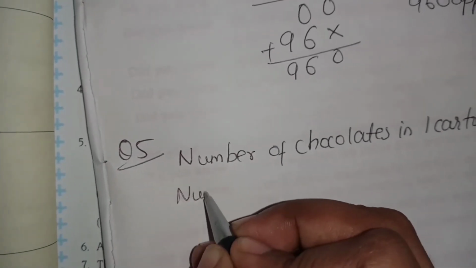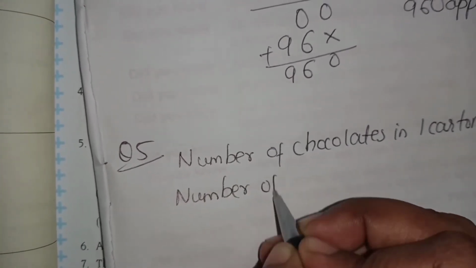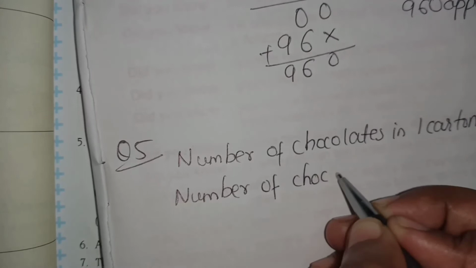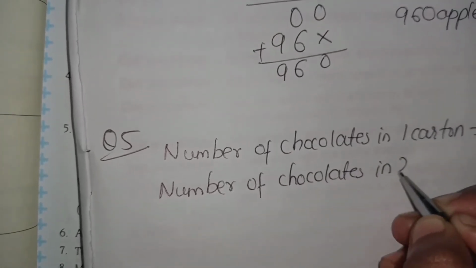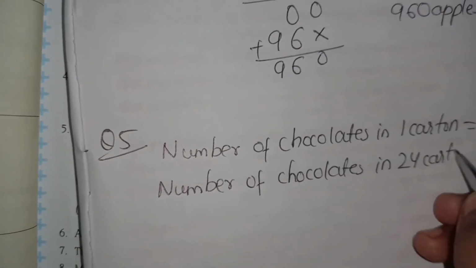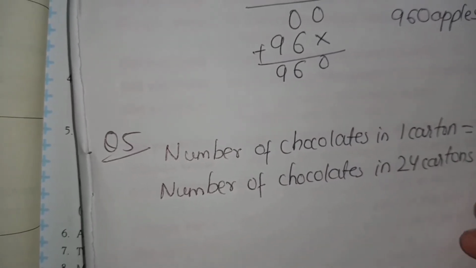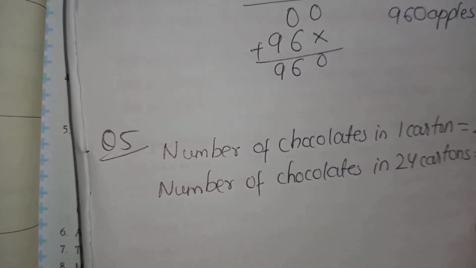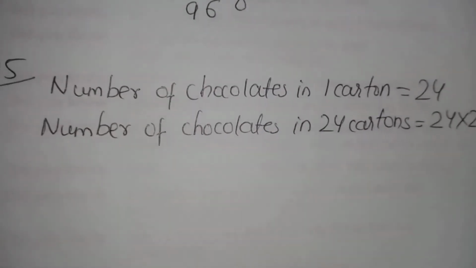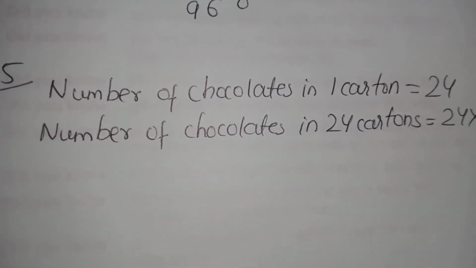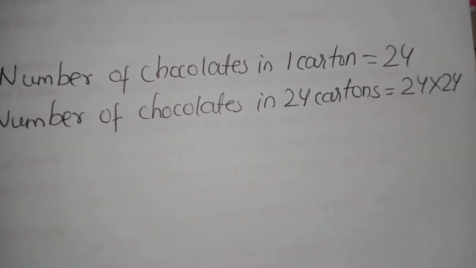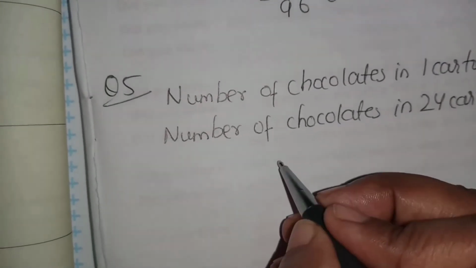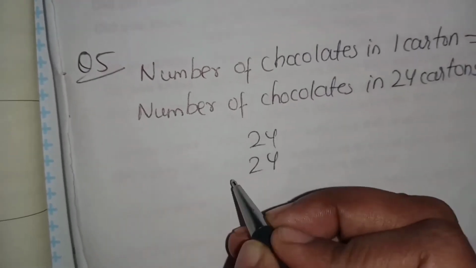Now the number of chocolates in how many cartons? 24 cartons. So what you have to do? You have to multiply 24 into 24, because in one box 24 chocolates are there, and they are asking for 24 cartons. How many chocolates will be there? So we have to multiply 24 into 24.